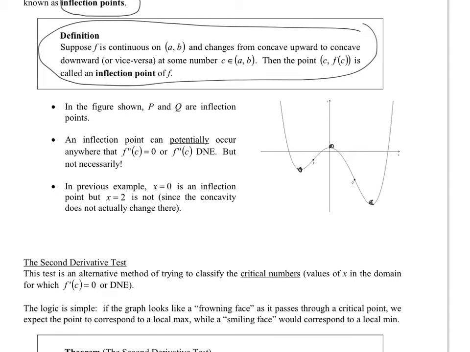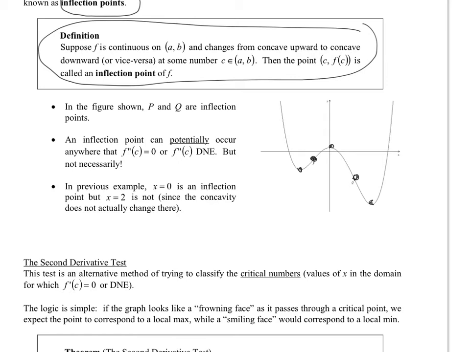Those are a little bit harder to spot, but in the graph that we see here, the points P, right about there, and Q, right about there, those are our inflection points. Because as we can see, to the left of point P, the graph looks like a smiling face, more or less, and immediately to the right of P, the graph begins to look like a frowning face.